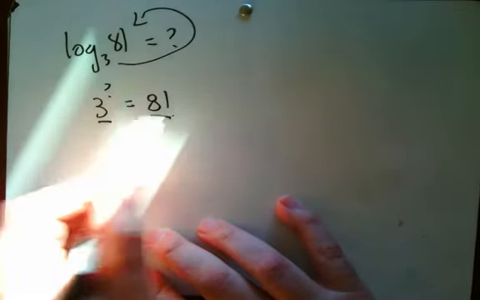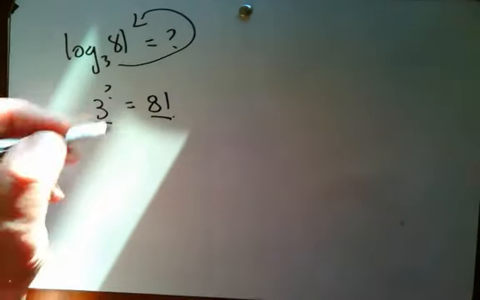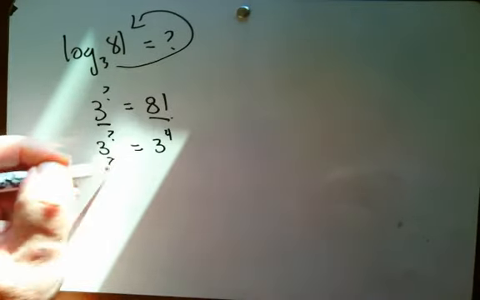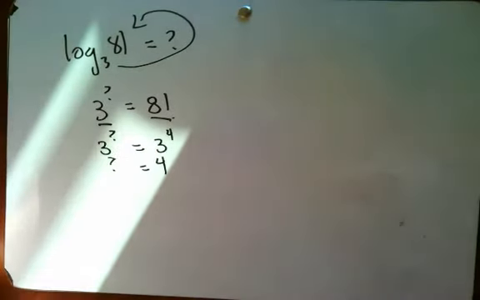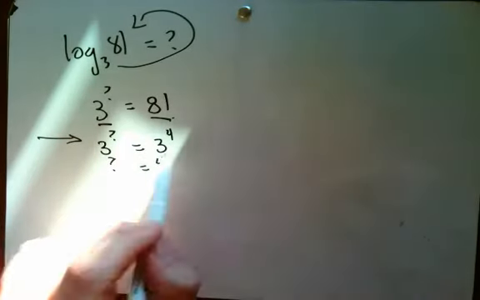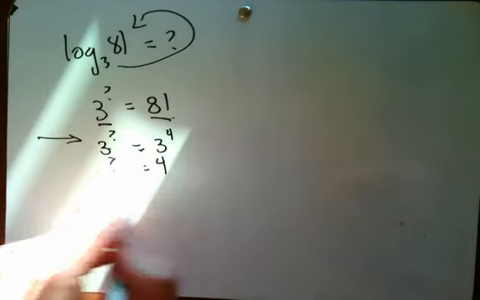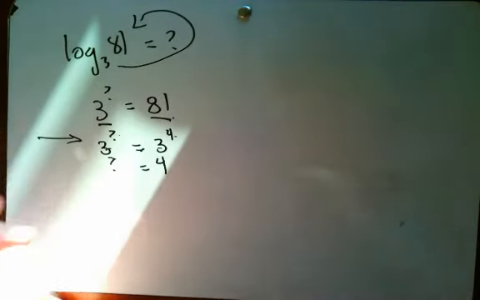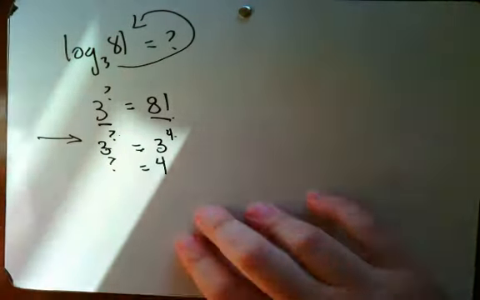And then we wanted to rewrite the base so the bases were the same on both sides. So 3 to the question mark equals 3 to the fourth, and question mark equals 4. This is called using the one-to-one property because the terms are supposed to be equal, the bases are the same, therefore the exponents must be the same.